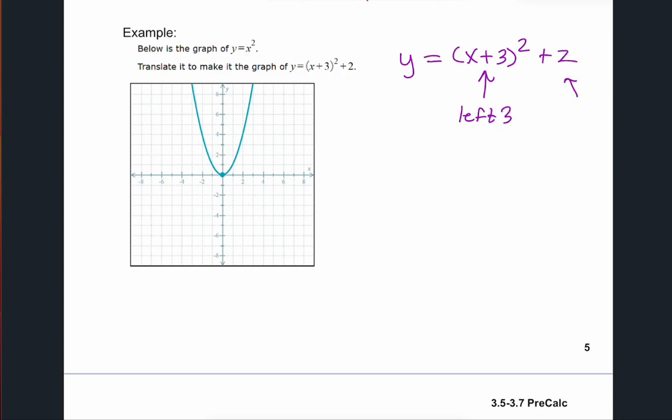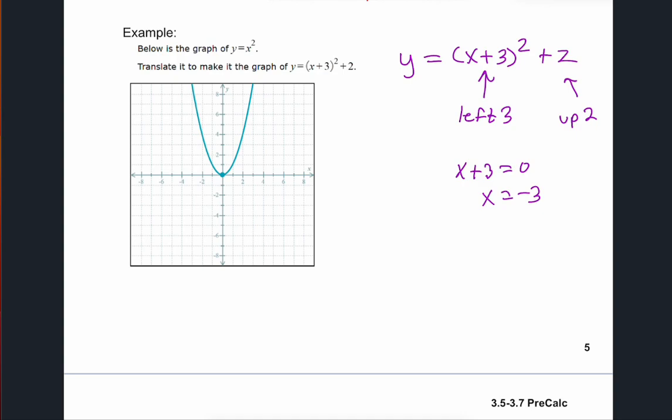Adding on the outside of the function, it's going to move that up. If you're unsure, the one on the inside is the one that gives people the most difficulty. You can just set x plus 3 equal to 0 and solve for where that vertex goes. See how my vertex goes to an x value of -3. It jumped to the left 3.